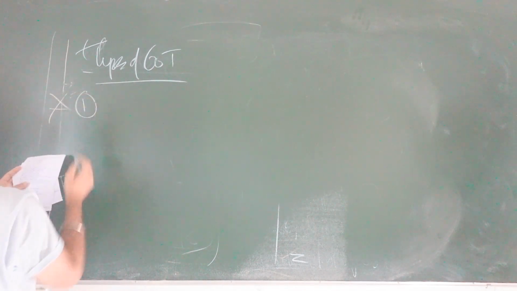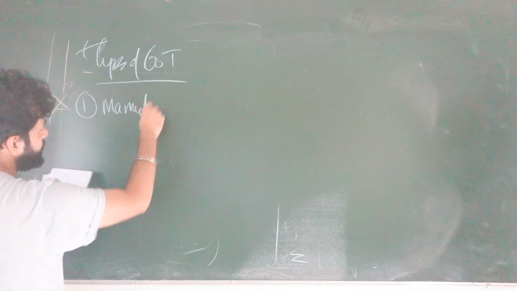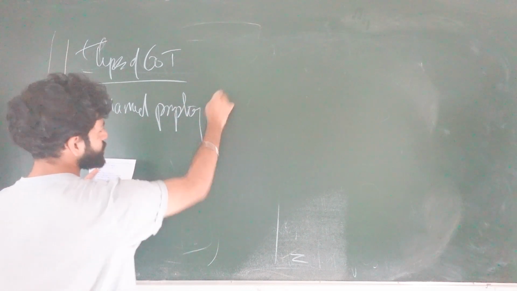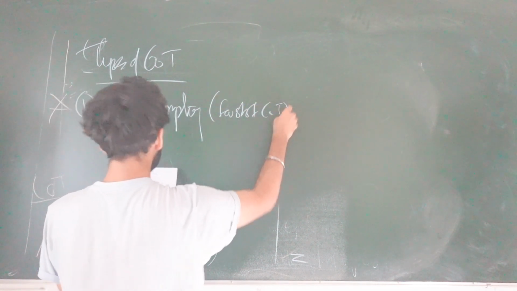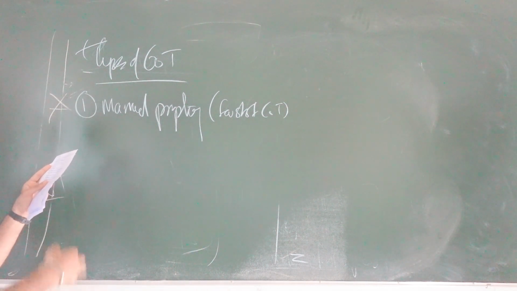The first type of COT is manual prompting. It's also called few-shot COT. Let me give you an example and tell you how it happens.